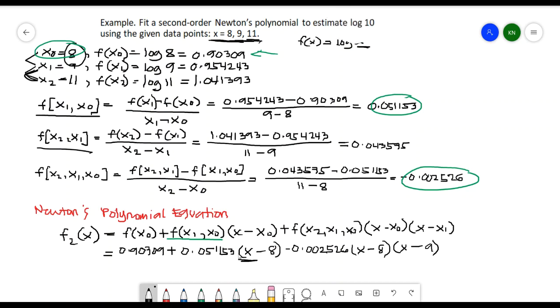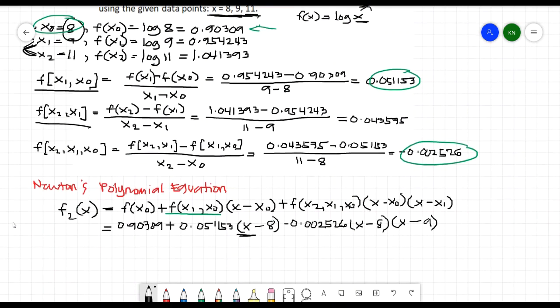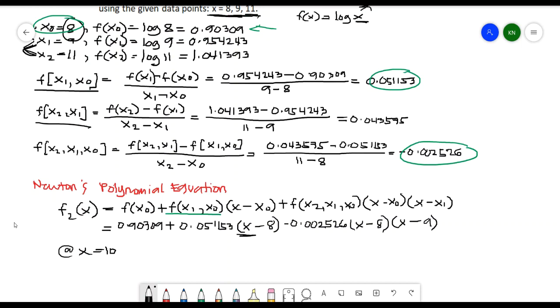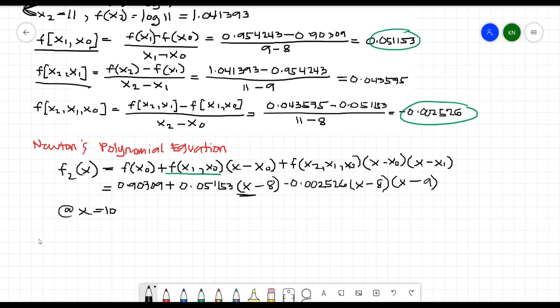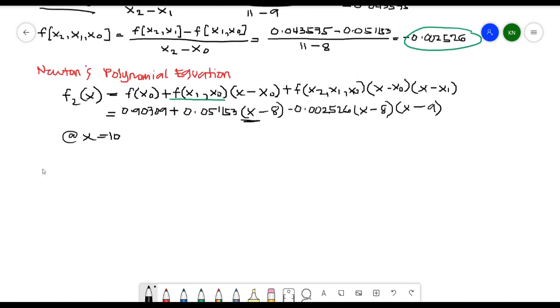So if our function is log x, then 10 here is our x. Now we can substitute x with 10. At x equal to 10, we can already solve for our Newton's polynomial.